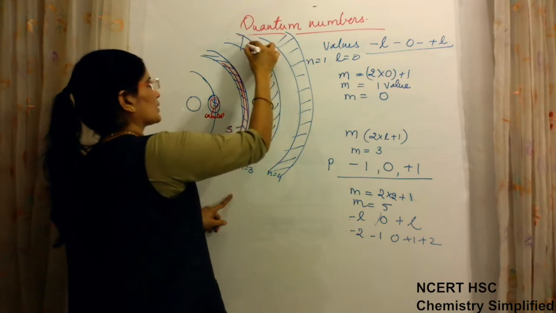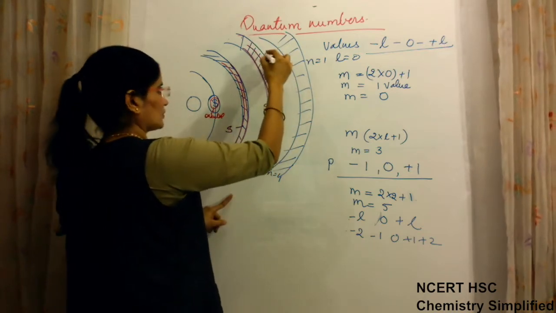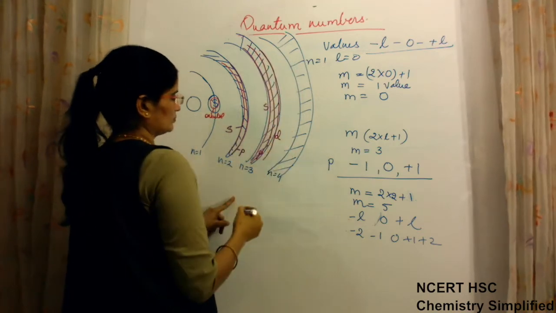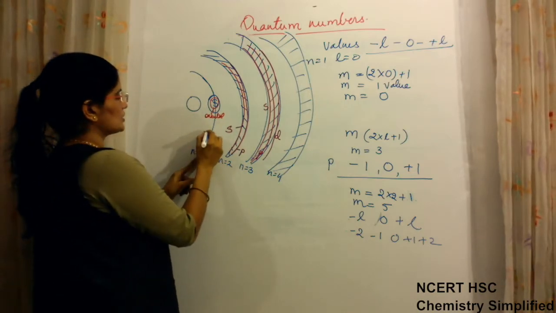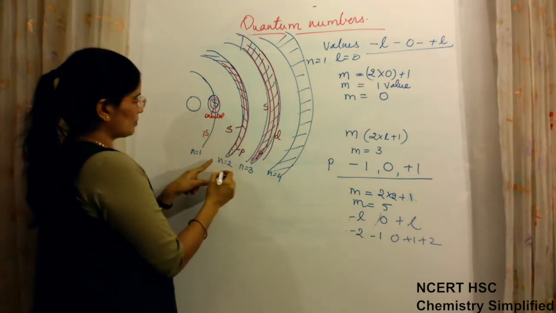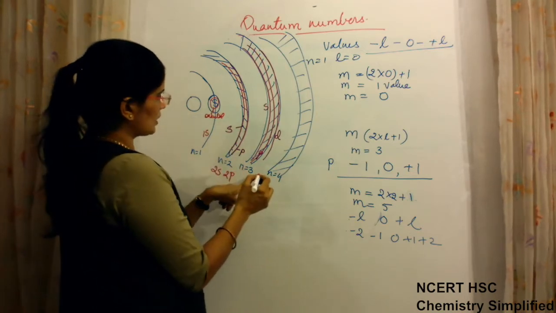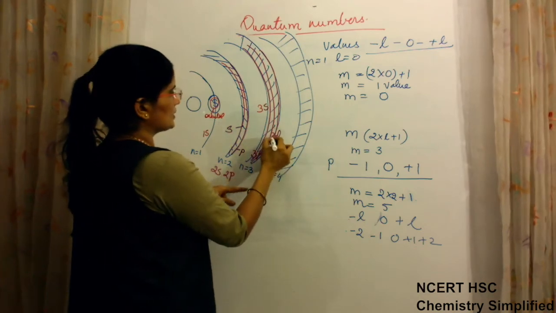S, P and D. You can also write them as: this is the first shell, so this is 1S; this is the second shell, so this is 2S, and this is 2P. This is the third shell, so this is 3S, this is 3P, and this is 3D.